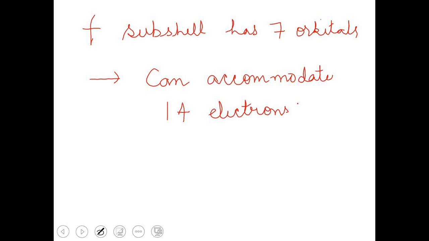According to Pauli's exclusion principle, no 2 electrons in an atom can have all the 4 quantum numbers equal. So after discussing how many electrons can be accommodated in s, p, d and f subshells, I want to come to a very important conclusion.